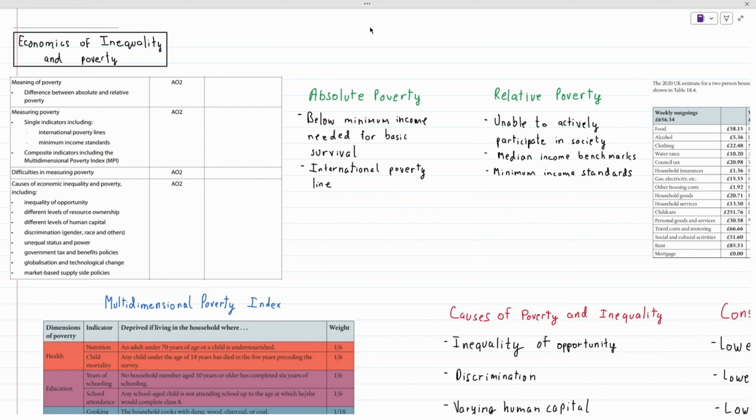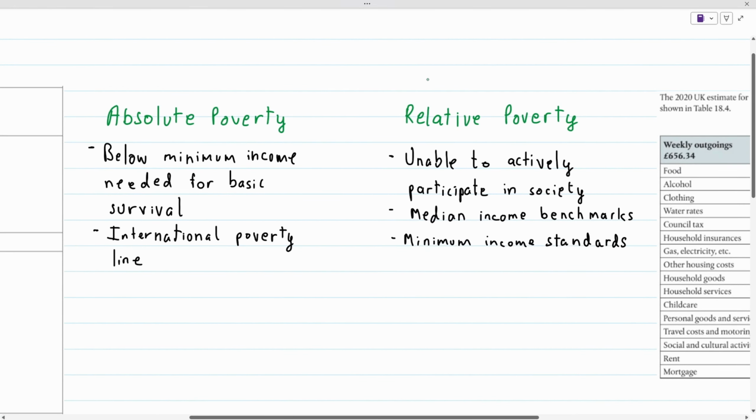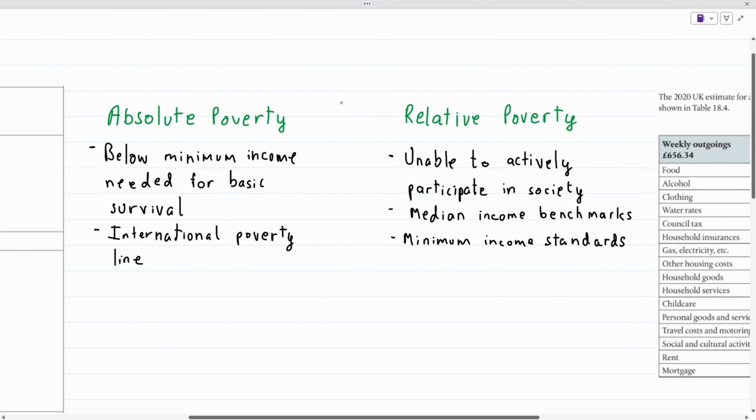poverty. All right. So the first thing we need to know about poverty are these two aspects we can divide it into. So the first one is absolute poverty. Now, absolute poverty is the most face value definition of poverty, where someone does not have the minimum amount that they need for survival.